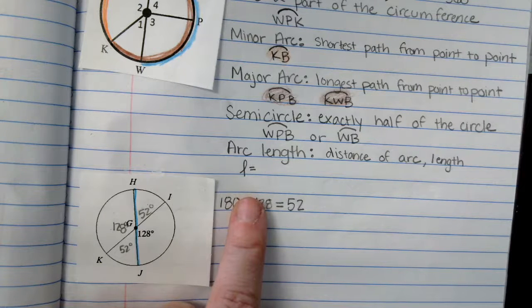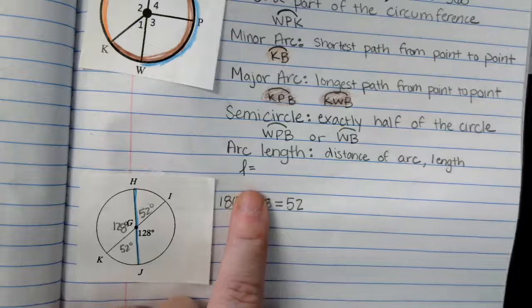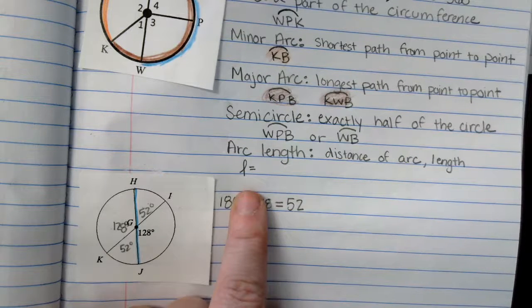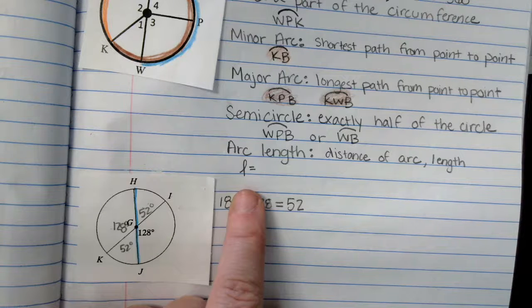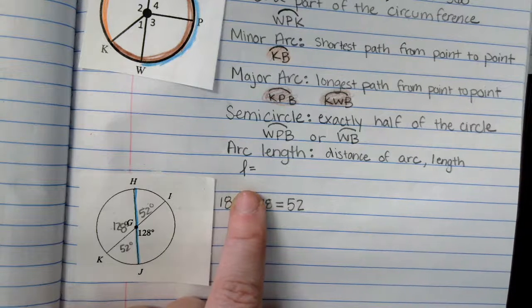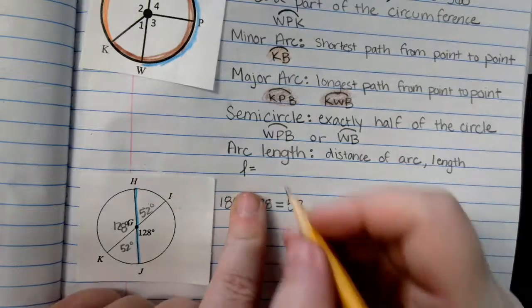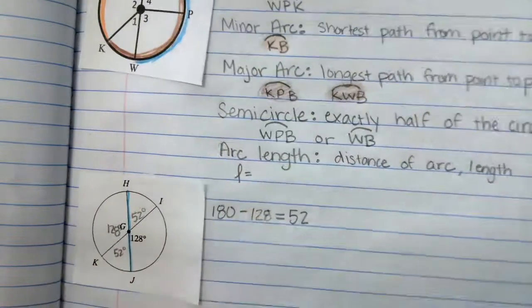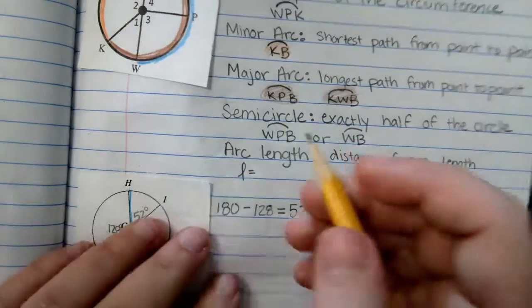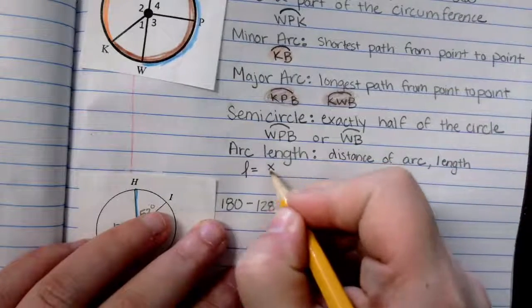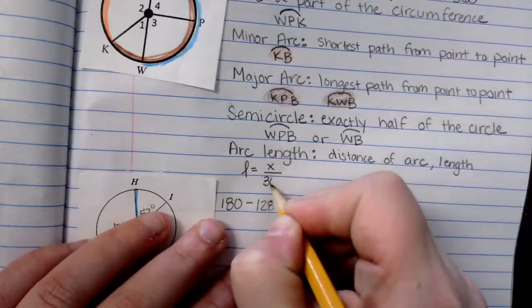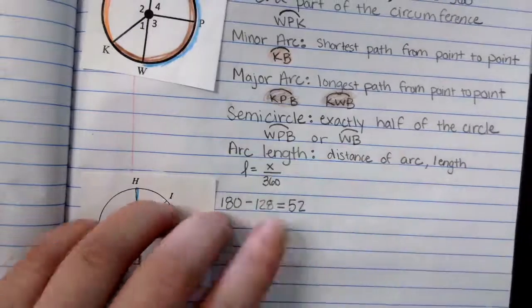So x over 360, and that x stands for our degrees out of 360. And then I can multiply it by our pi times diameter. Because pi times diameter is the whole circle. And then this is telling us how much of that circle we're going to use. That's one formula. What's the other formula going to be?